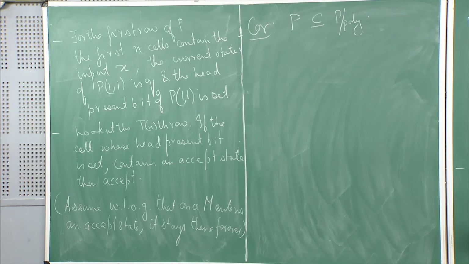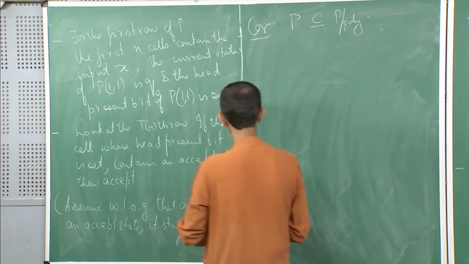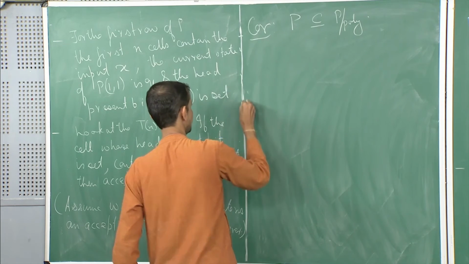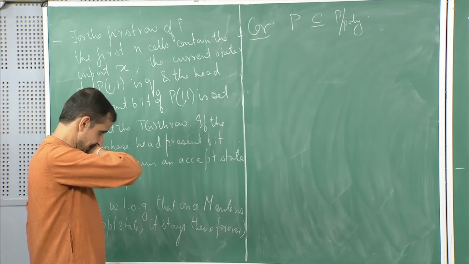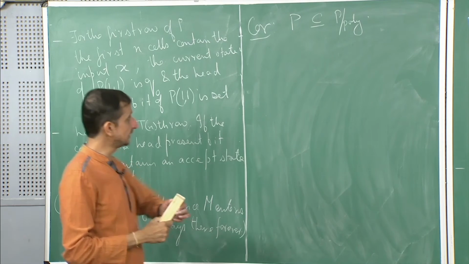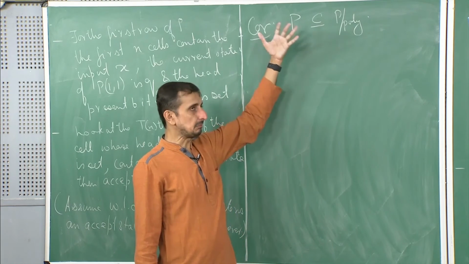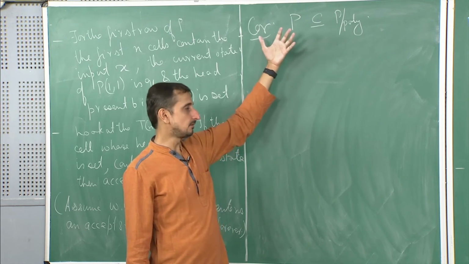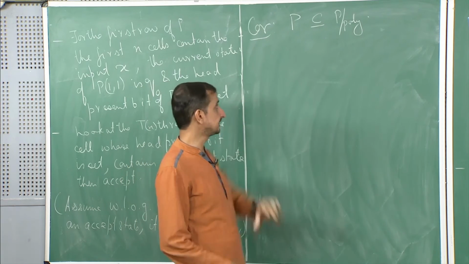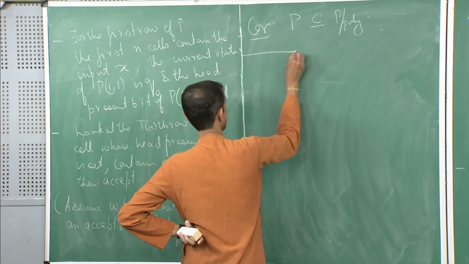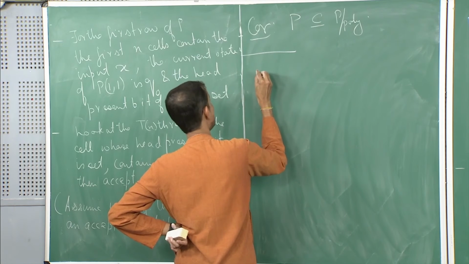So, any other questions? One more point which I must mention before we move forward is the following. This is actually one way to define P/poly. You might see books or references where there is another notion of defining P/poly, which is the following.